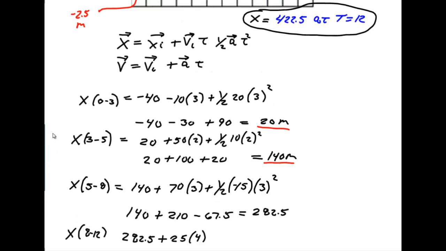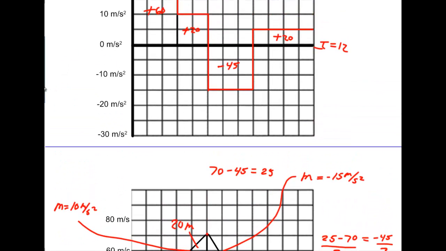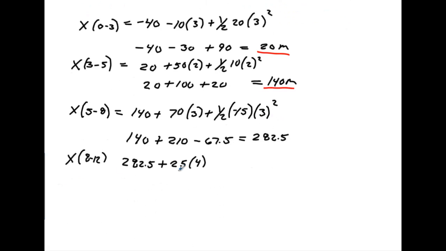Now we've got to see what our acceleration is during that time increment. Our acceleration here is going to be 5. So we do plus 1/2 times 5 times 4 squared. 282.5 plus 25 times 4, that's 100, and then plus 0.5 times 5 times 16. That gives us 422.5 meters.